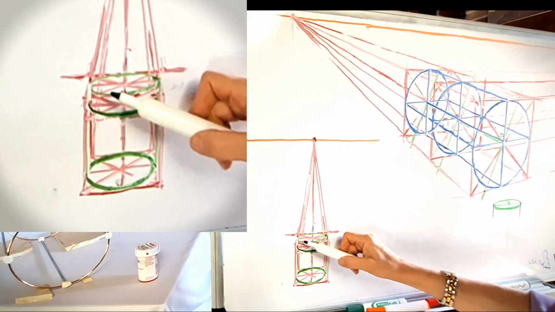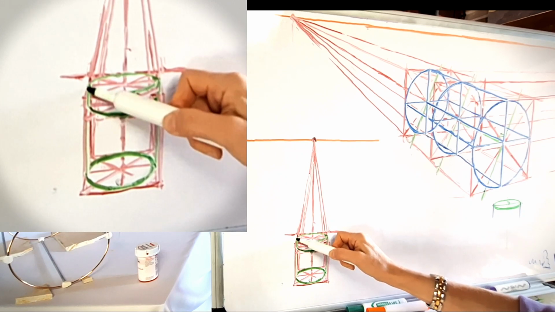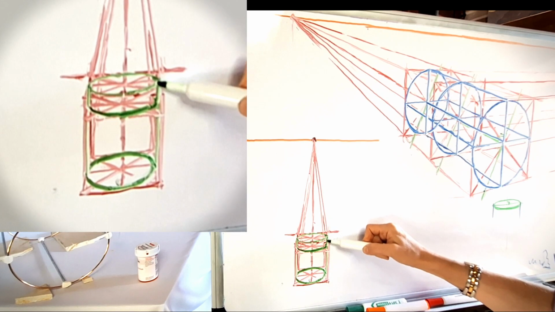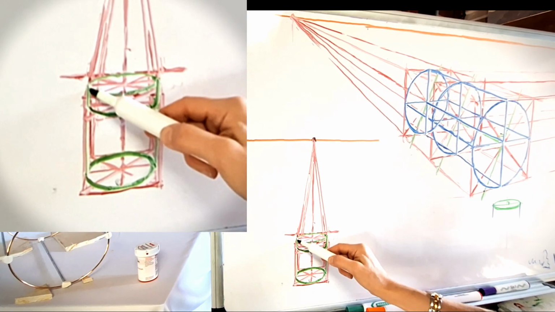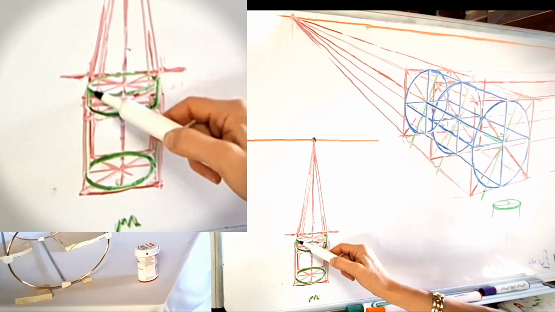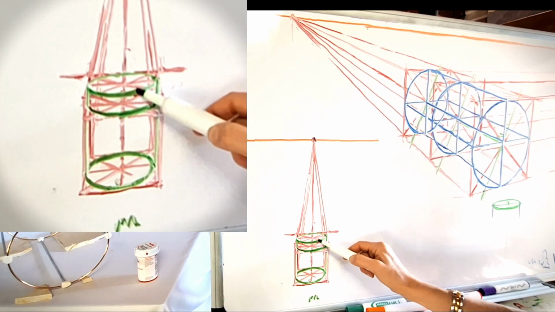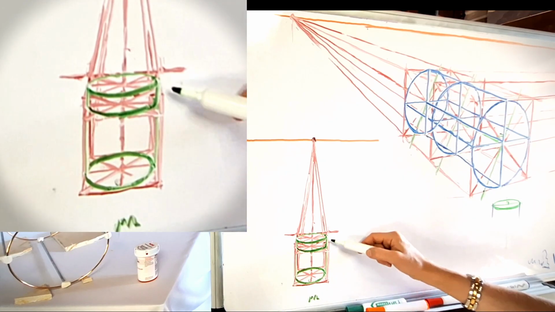I'm going to make this darker, more solid green, and that becomes our front of the box, front of the cylindrical pill box.